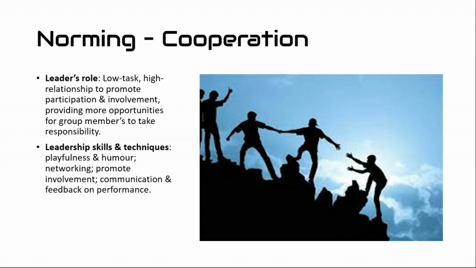So that would be a very useful strategy to get people to progress from the norming to the performing stage. Having a sense of humour is critically important. Making sure that you've built alliances with other members of the organisation, that there are good networks going on beyond the team so that people are cooperating with you as a team. You're promoting people's involvement, you're communicating and you're giving feedback on performance, not just individually but also as a team.